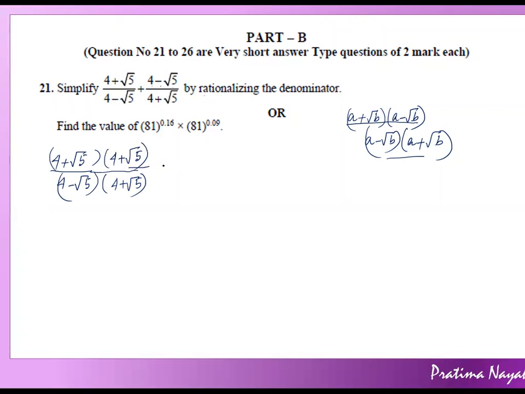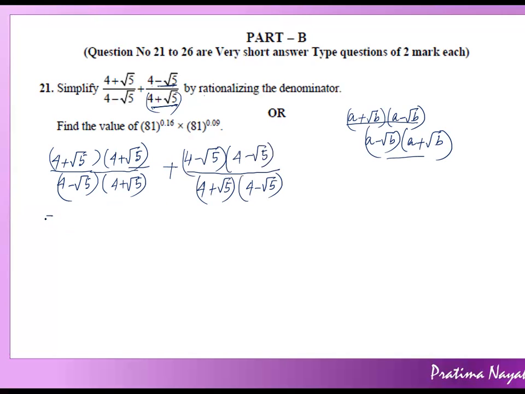Similarly, for the next one, it will be 4 minus under root 5 in the numerator and 4 plus root 5 in the denominator. Its conjugate will be 4 minus root 5. So I'll multiply 4 minus root 5 both in the numerator and denominator.